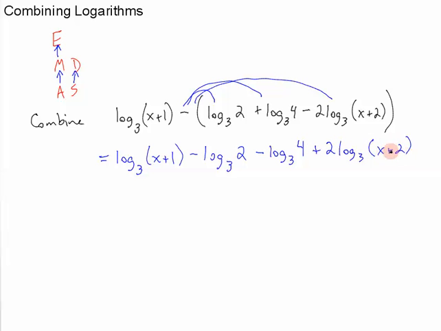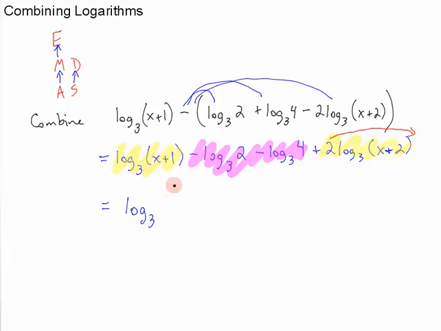And now I use the shortcut I mentioned on the previous example. All my positive terms here and here will be on top, and all my negative terms here and here will be on bottom. I also realize that this 2 will become an exponent on this. So I can use all of those at once to get one big log. Combine always means combine into a single logarithm.